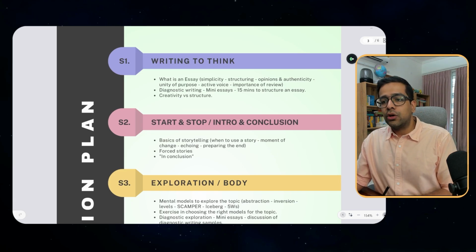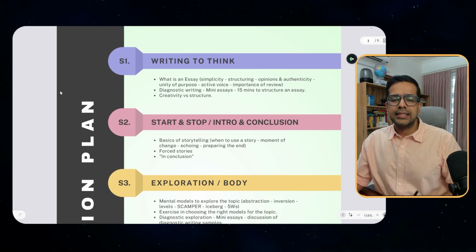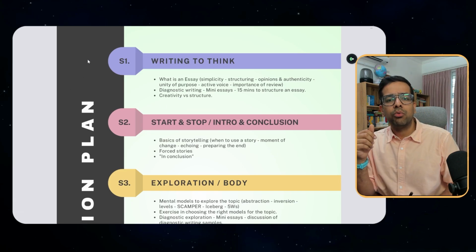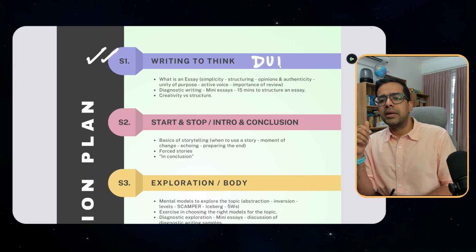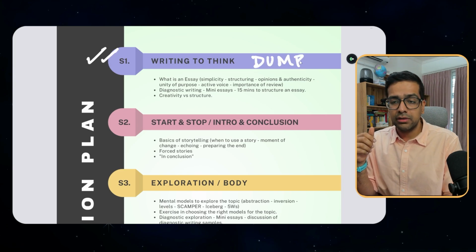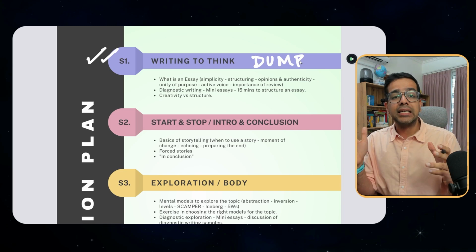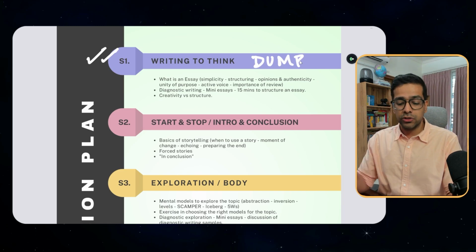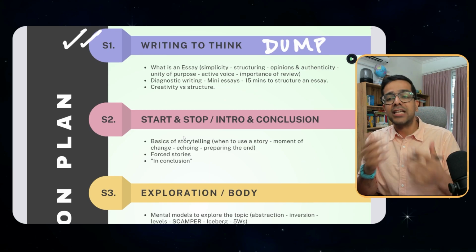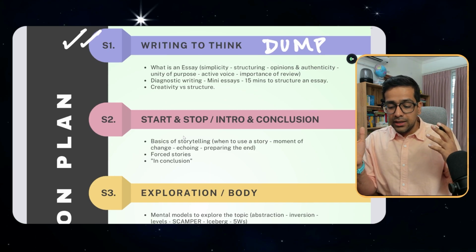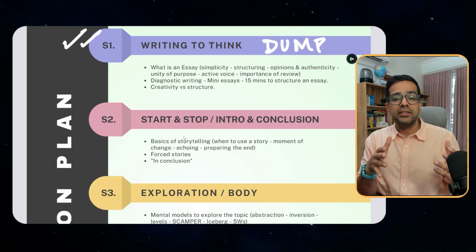So if we break down what are the things that we'll be covering in this course, session 1 will talk about writing to think. This will be a lot about the brain dump part that we talked about. We will be trying to expand our thinking into as many dimensions as possible, so as to get a holistic essay, so as to cover as many avenues and as many perspectives as possible.